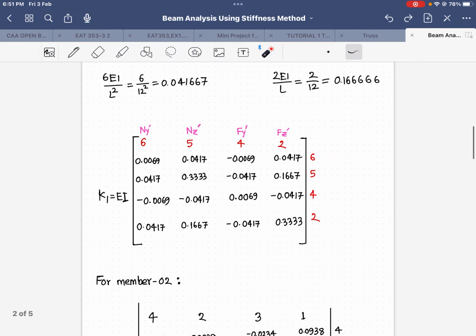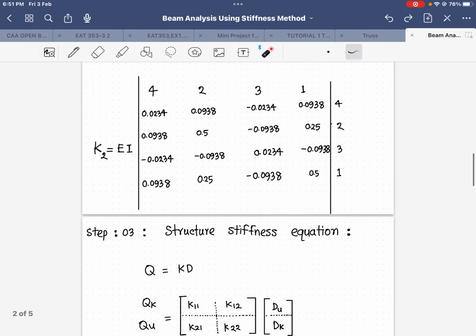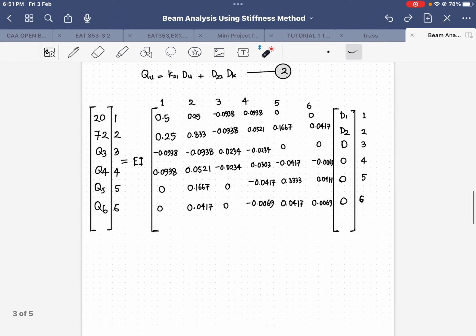Then the same thing, 2 and 2, so I add these two values, 0.33333 and 0.5, in this case. I will get 0.833 and it will be in the second column second row position.